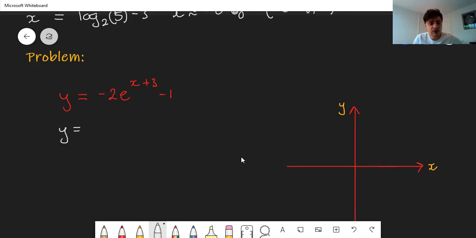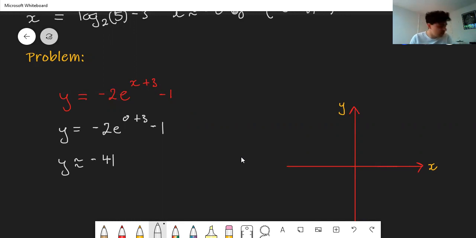This means I will let x equal 0. So -2 e to the power of 0 plus 3 minus 1. And of course, we can just type that into our calculator to check, or you can try and figure it out yourself, but it comes to, I'm going to round it to the nearest whole number, -41.